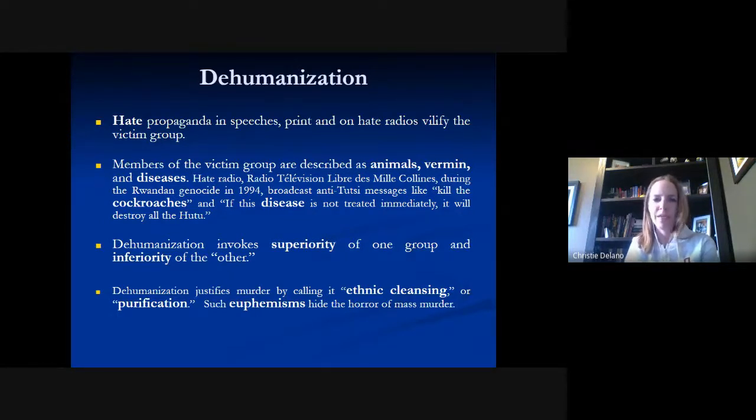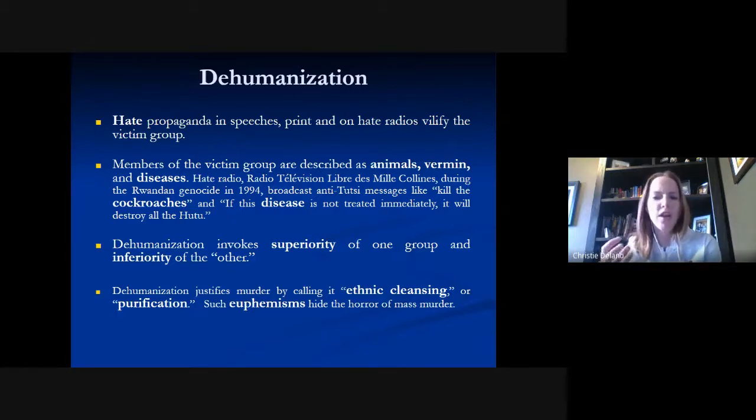Hitler, from the very beginning, is identifying an us versus them, and then further dehumanizing them throughout his kind of march to power and then march to war. Right, this idea of through propaganda and hate propaganda, identifying victim groups, in our case, the Jews, as vermin, as diseases, right? Trying to make them seem despicable, right?